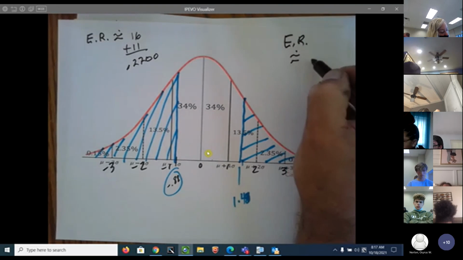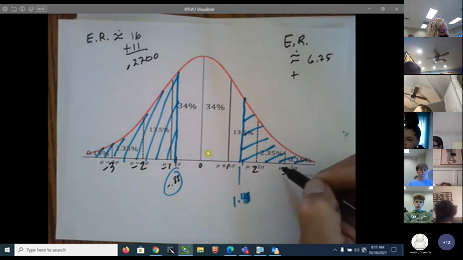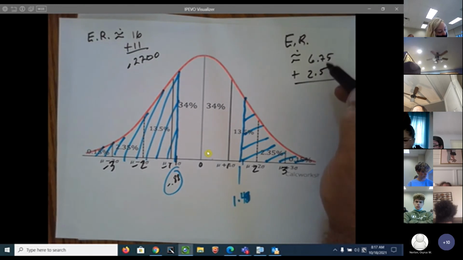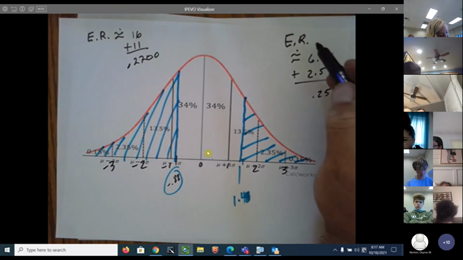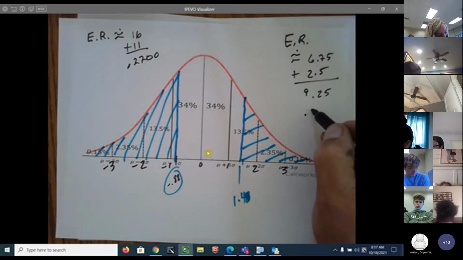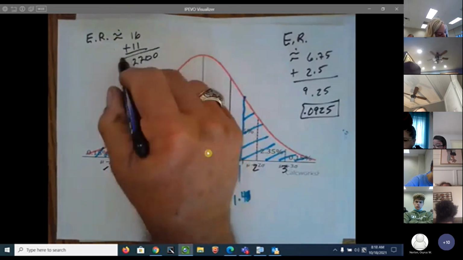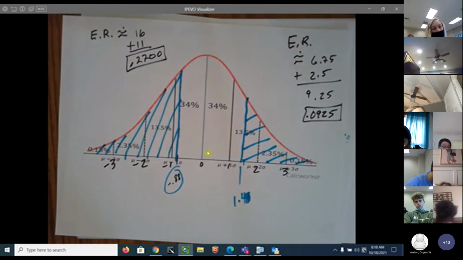So 6.75 plus 2.5, well, that's going to be 9.25. So 0.0925 with the empirical rule and 0.27 on that side. So let's see what we get.